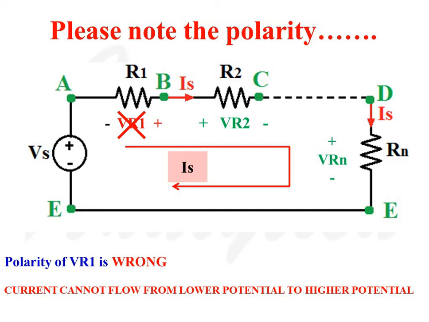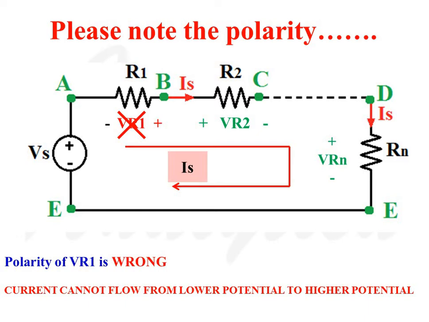So here, look at the polarity of voltage drop across resistance R1. The polarity of VR1 is given as B is more positive than A. But look at the direction of current flow. Current always flows from higher potential to lower potential if the element is a passive element like a resistor.